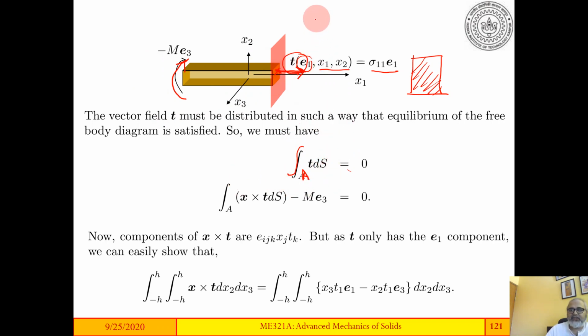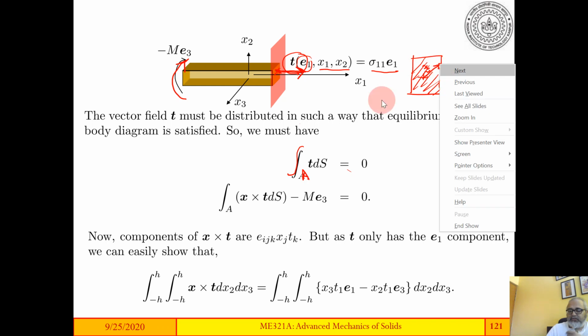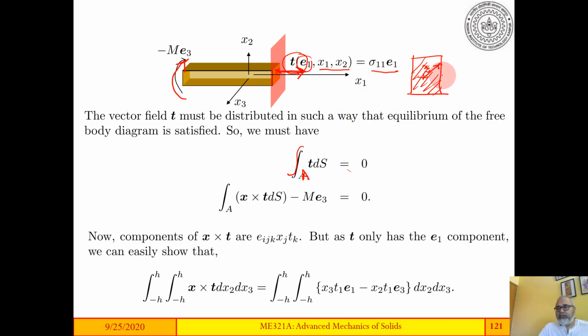For the moment balance, if a point on the cross section has position x, then x cross t ds is the moment due to a small element of area ds.